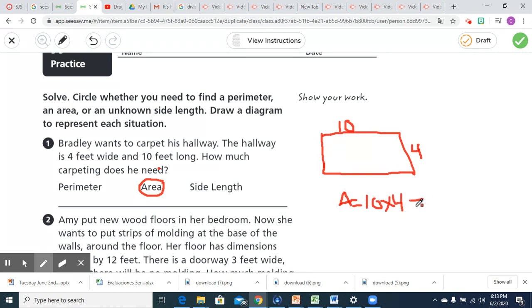And everyone knows that 10 times 4 equals 40. Okay? So the answer to this problem is 40. 40 what? Remember, this is area, okay? So it would be 40 square feet because that's the unit that they're giving me this data in.